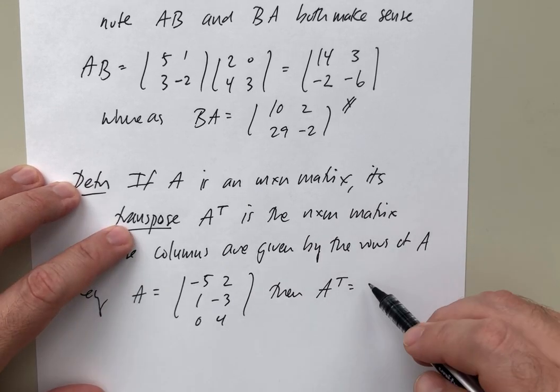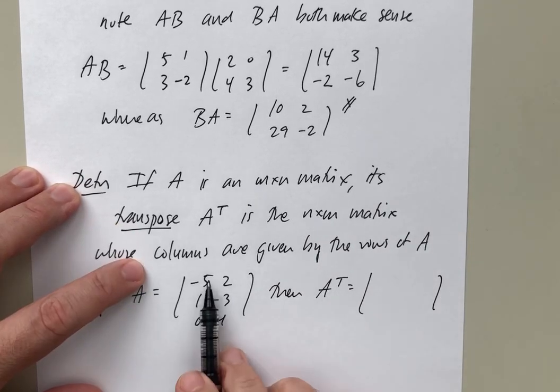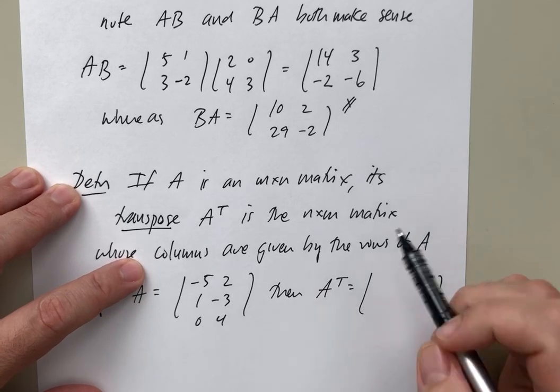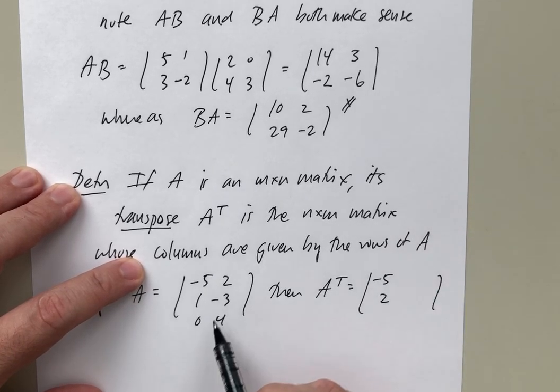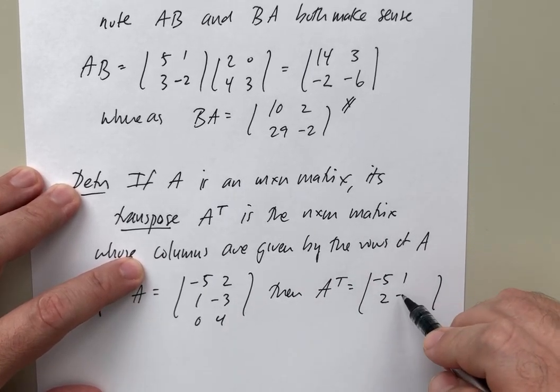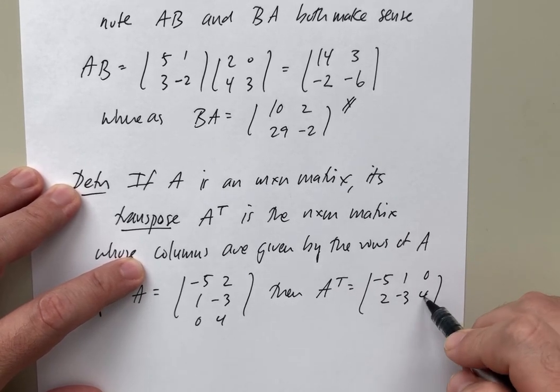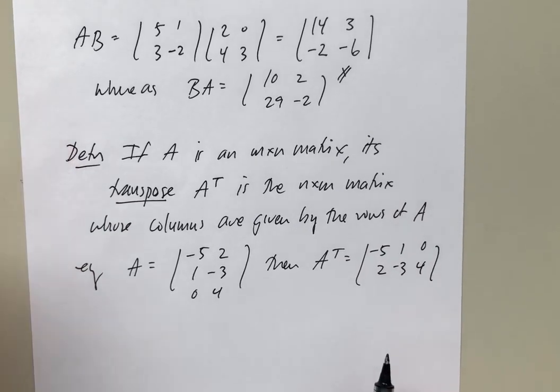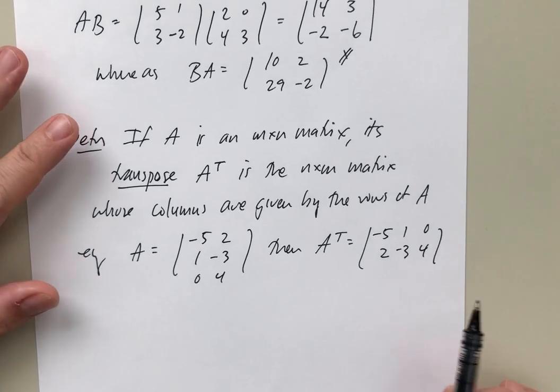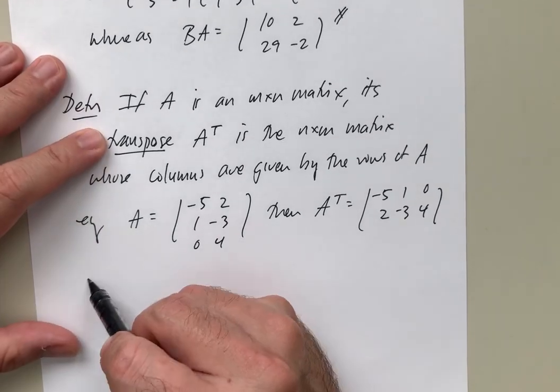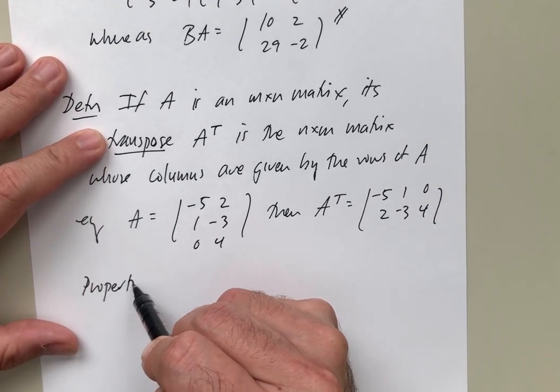This was a 3 by 2, so this is now going to be a 2 by 3. I take that first row and make it the first column. I take the second row, which was 1, minus 3, and make it the second column. The last row becomes the last column. That's the transpose. We'll make use of this later in the class. Right now, it's just a definition.